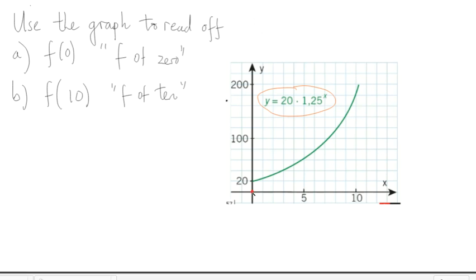So I start from here and I go up to the graph and then read off. So f of 0 is actually where the graph intersects the y-axis, if at all. So f of 0 equals, in this case, I can read off that it's equal to 20. This is the y-intercept.